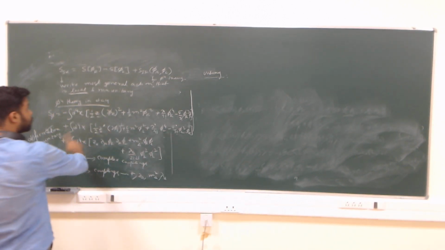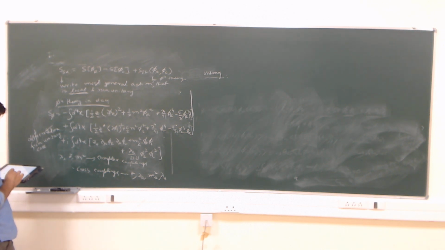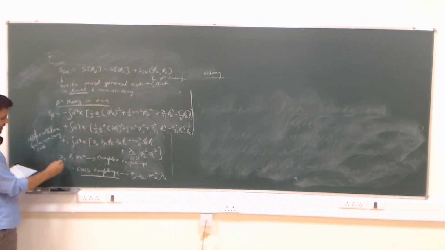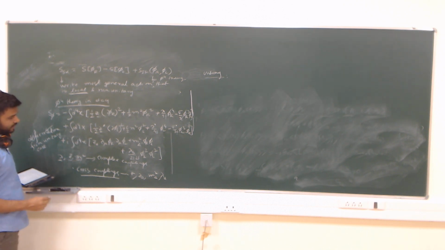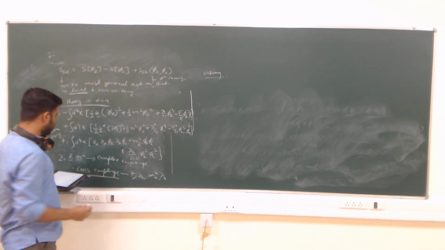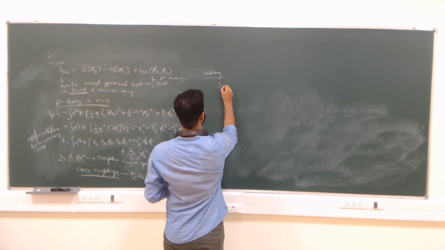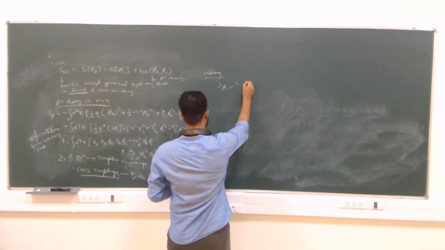So the way to go to the unitary theory is to turn off the cross couplings as well as the imaginary couplings. So we will only take the real part of these couplings, and then that will be our unitary theory. So the way to write that is S unitary.